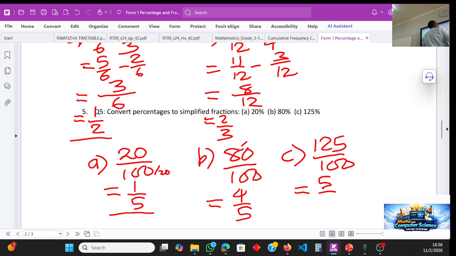And I divide 100 by 25, the result is 4. Then we are not allowed to leave our answer in improper form, where our numerator is bigger than the denominator. Rather, we'll be forced to do a conversion, which will give us a mixed fraction. In essence, we are going to test how many times 4 divides 5. It's going to be 1, remainder 1. That 1 is out of 4.